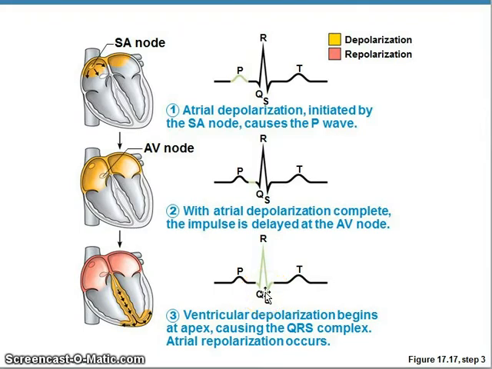You will note at the same time you've got repolarization of the atria. Red here means repolarization. So atrial repolarization takes place at the same time as the QRS complex, but is not represented by the QRS complex.